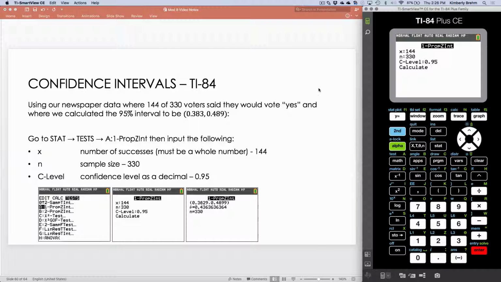The confidence level, we're using 0.95, and then I'm going to calculate. So again, if I were using a TI-83, I would still go to the same place, but then I would put 144, comma 330, comma 0.95, and it still would give me the same answer. So notice it's giving me the 0.3829 and the 0.4899, which does match up with what I have here.